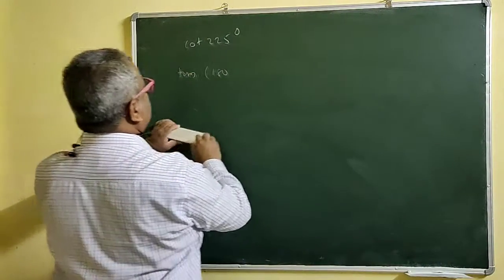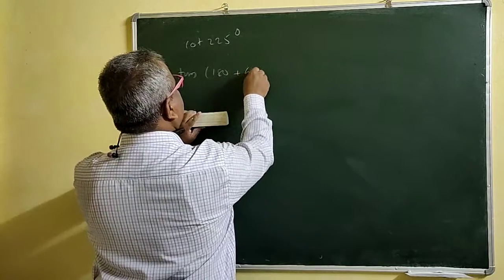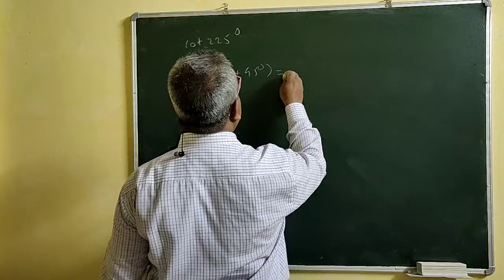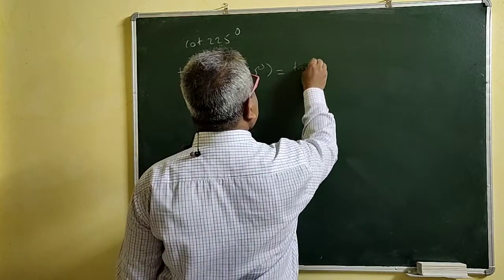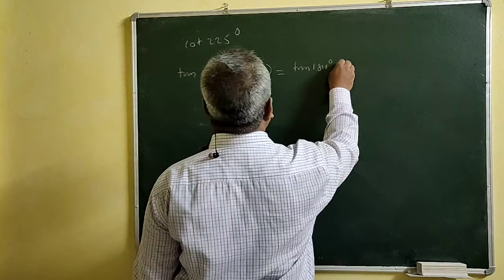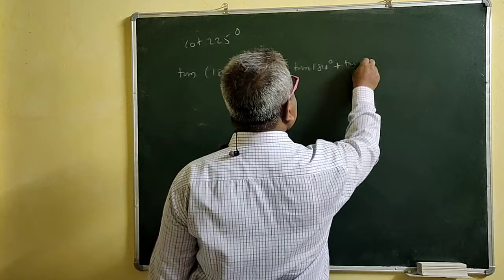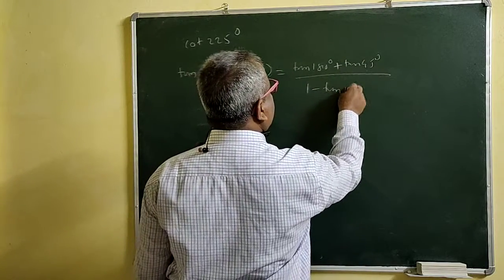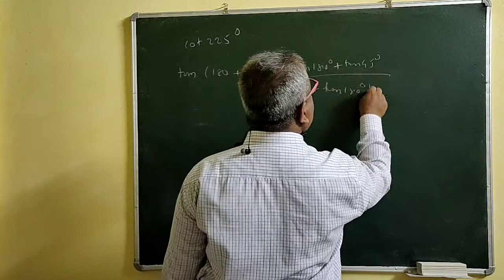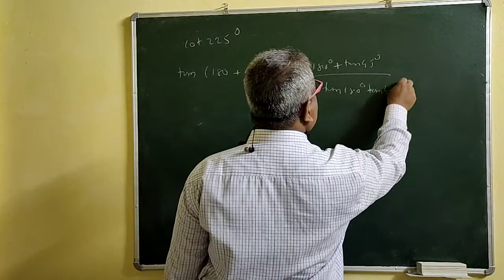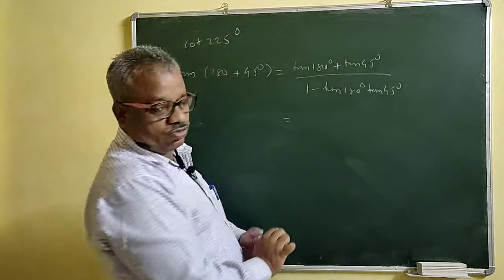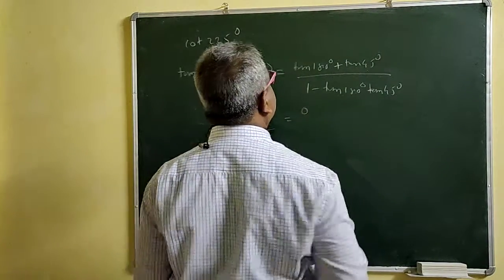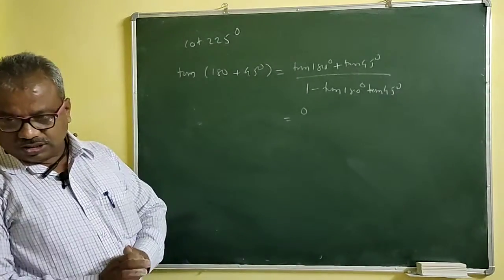Find the value of tan of 180 plus 45 degree. This is equal to tan of 180 degree plus tan of 45 degree upon 1 minus tan 180 degree into tan 45 degree. Right? So this is a very easy problem. Tan 180 degree is 0, because sin 180 is 0.